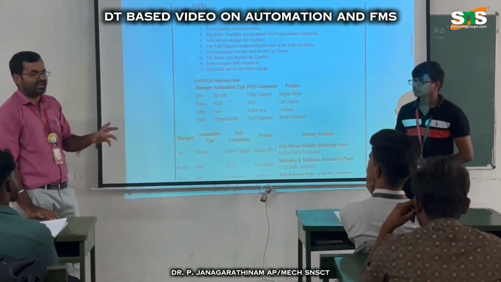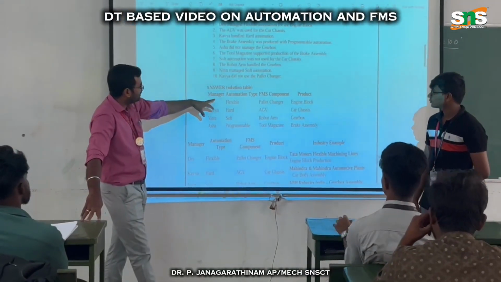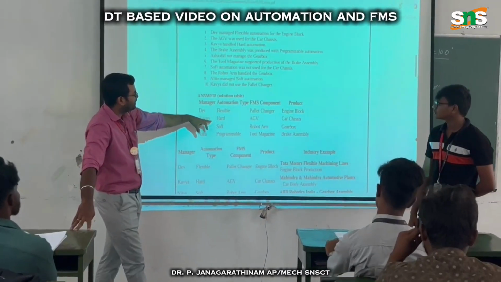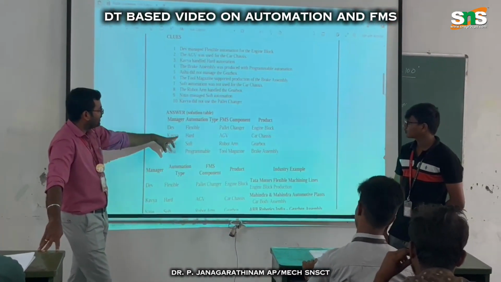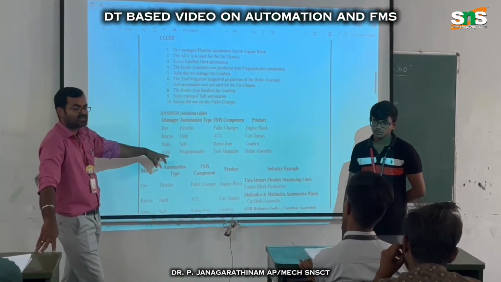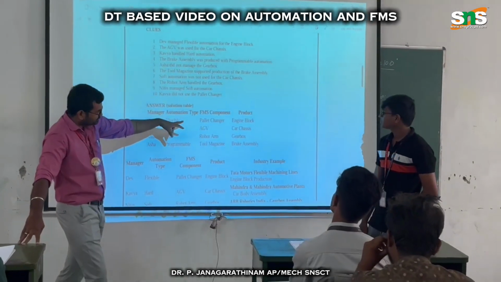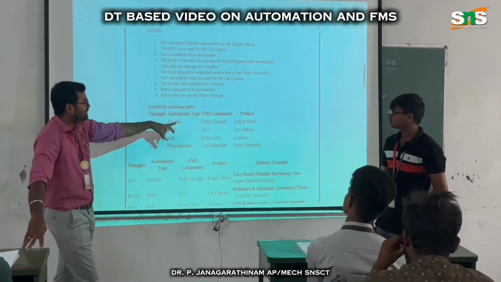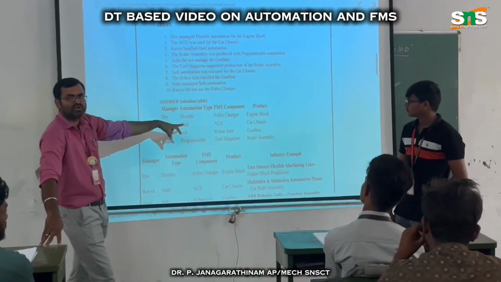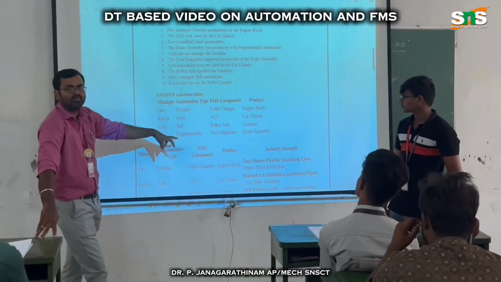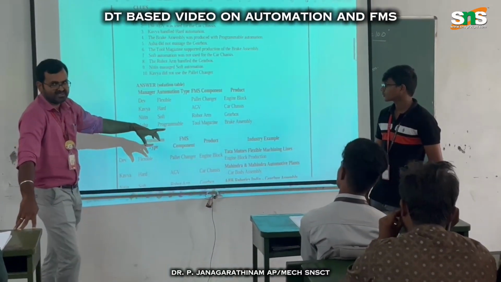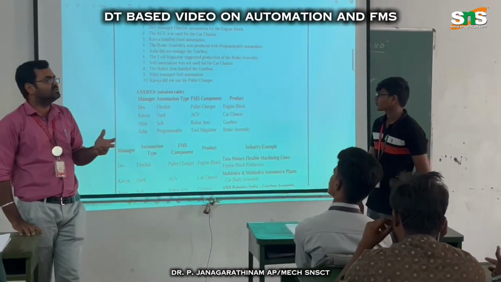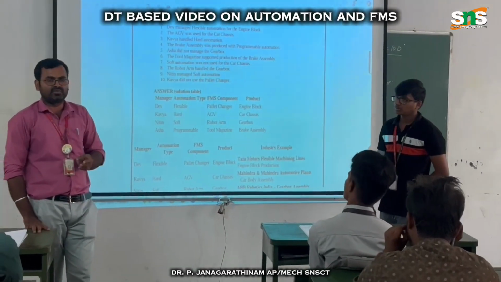They have to do one activity. Like I already told you, there are different types of automation like hard, soft, flexible, programmable automation. After that, they have to use some of the FMS components like material handling system: pallet changer, AGVs, automated guided vehicles, robotic arm, and the tool magazine, which is used to store n number of tools.